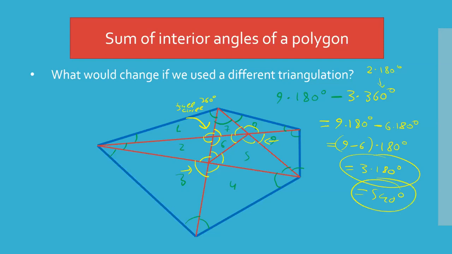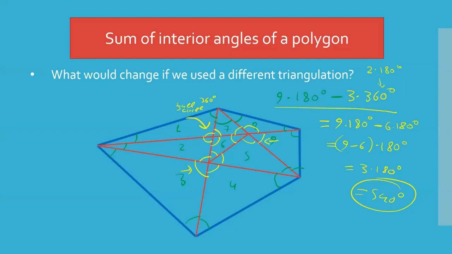Okay. So as you see, the triangulation doesn't matter. Yes, 9 times 180 minus 360 times 3. Exactly. If you perform this calculation, you will get 540 degrees. So as you see, the triangulation doesn't really matter. We just have to be more careful on which angles we really need.